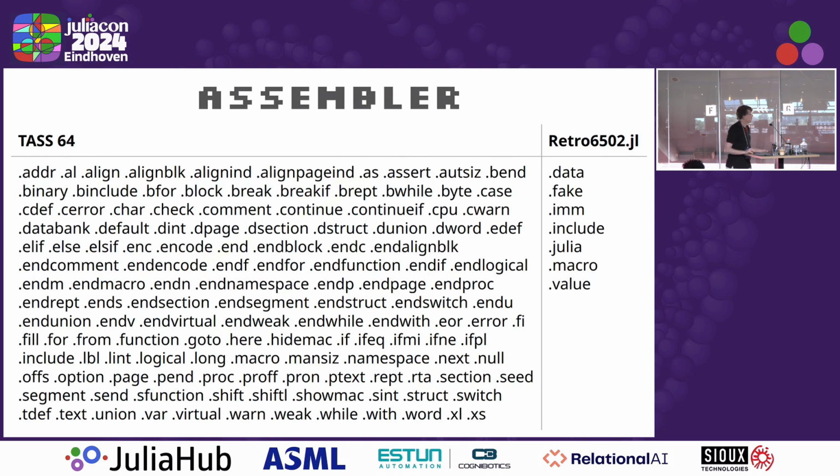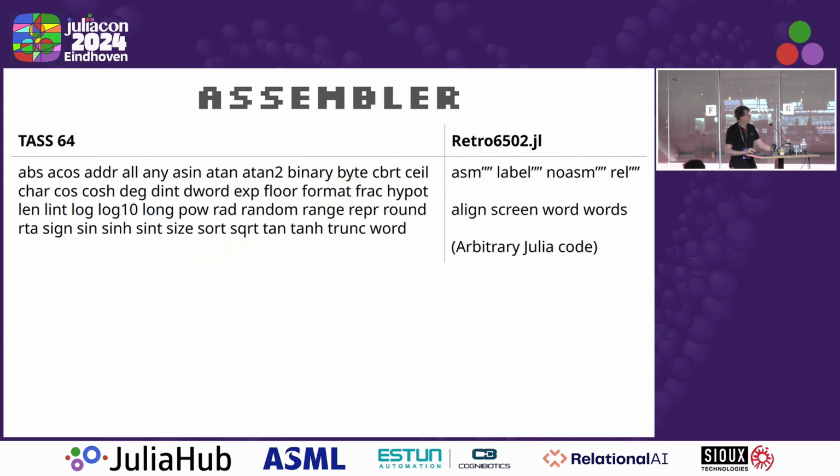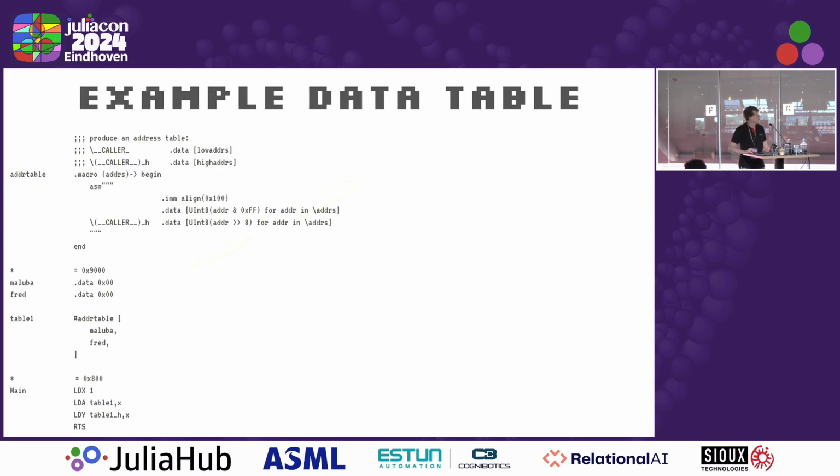So like the TAS64 has a bunch of directives, and mine didn't need so many because Julia provides everything else. You don't need an if directive if you can just stick Julia in there. These are the standard functions that come with TAS64. I defined a few others, but I also get every function defined in Julia if I want it.